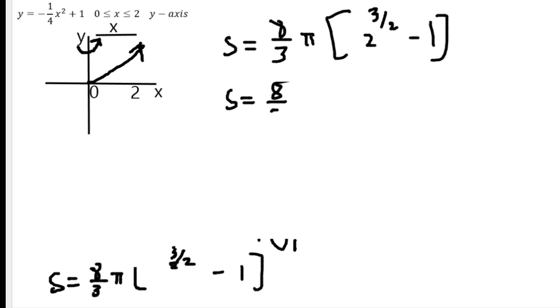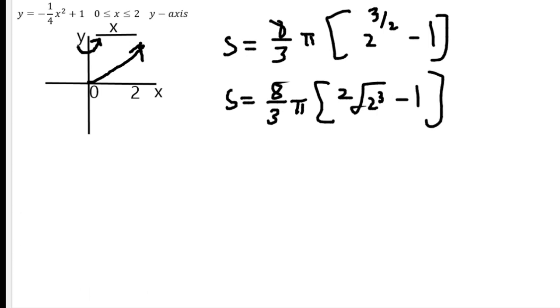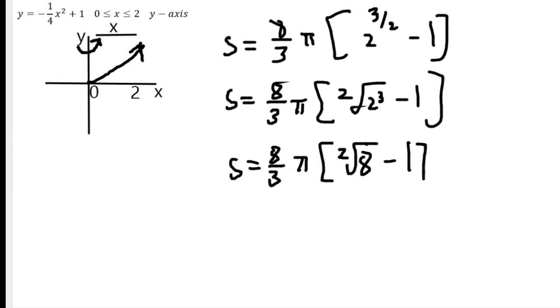So let's simplify this furthermore. 8 thirds pi, and then we can write this in this form. So s equals 8 third pi, brackets square root, and we got 8 1.